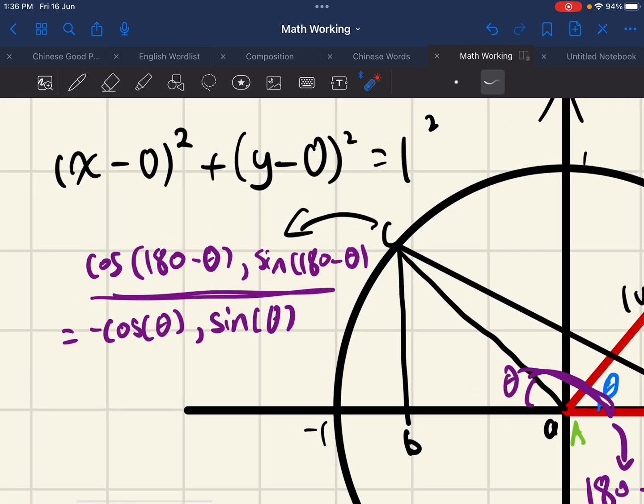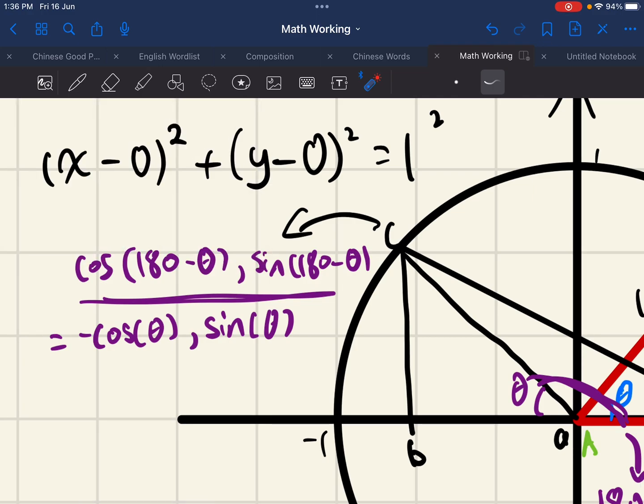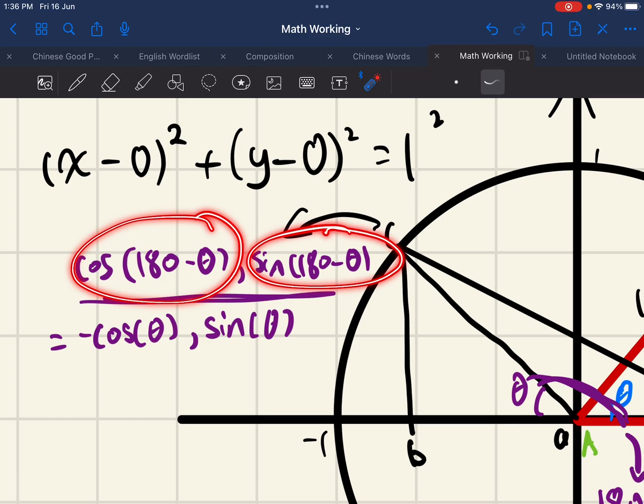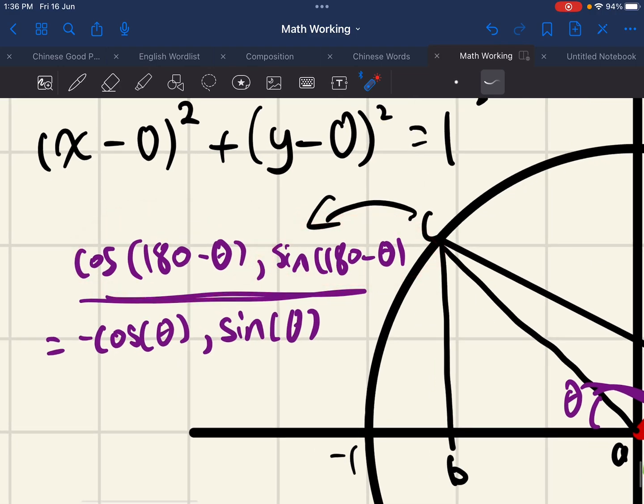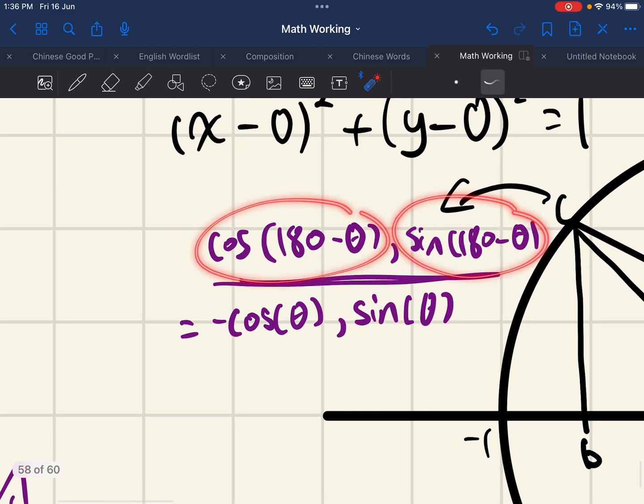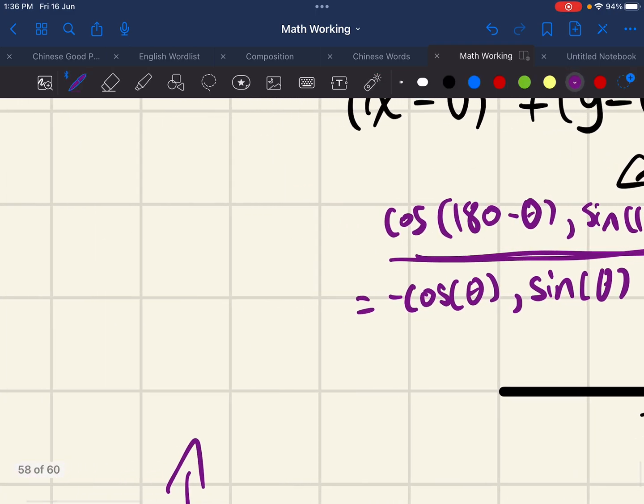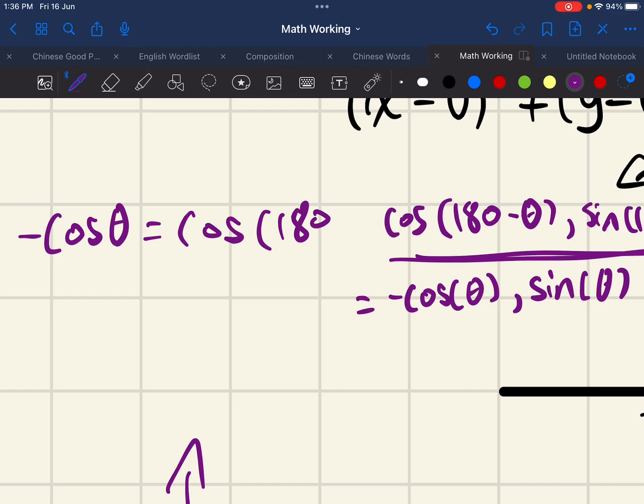But we also know another form, and we can rewrite the coordinates in this form, as we just found out. We just found out this formula. So it's the same thing. So now we can state that negative cosine theta is equals to cosine 180 minus theta.